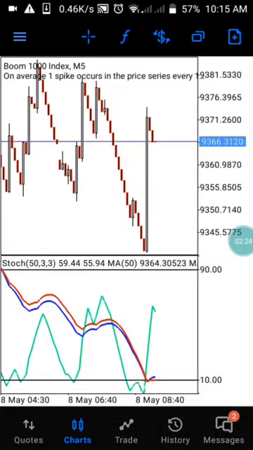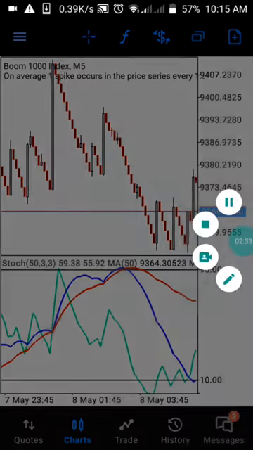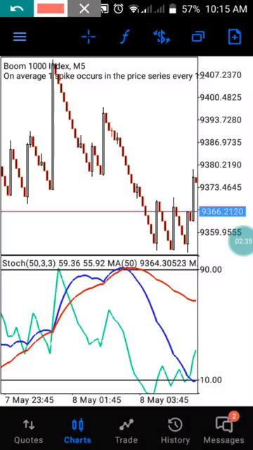So what you only need to do on Boom 1000 5-minute time frames to catch just two candles is wait for your two moving averages to reach your 90 level. When it reaches your 90 level, that is the first assurance that you have.